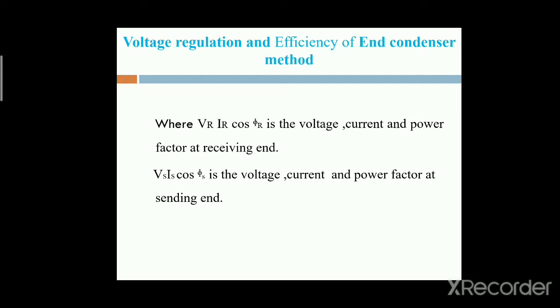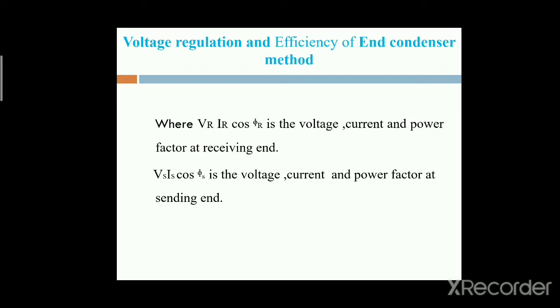By using this phasor diagram and equivalent circuit diagrams, we obtain the efficiency and the voltage regulation of a medium transmission line and end condenser method.